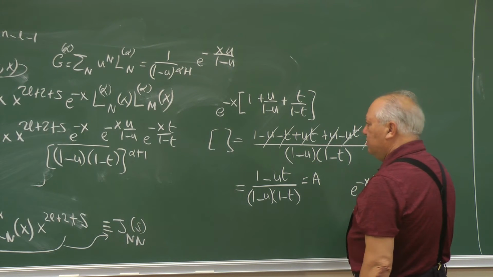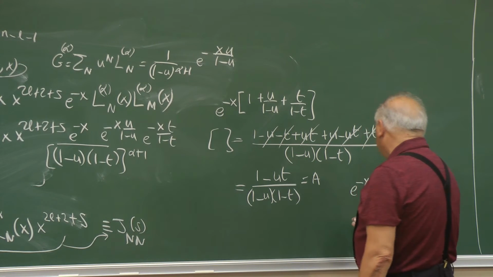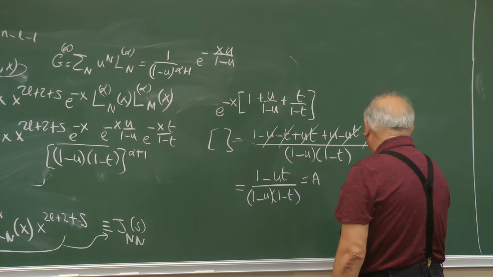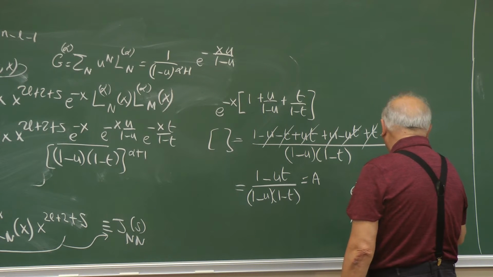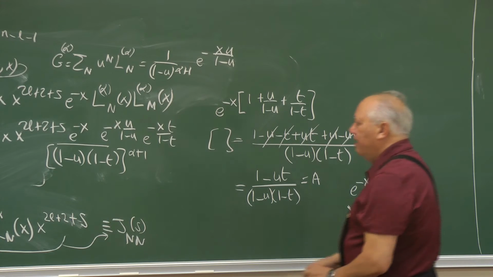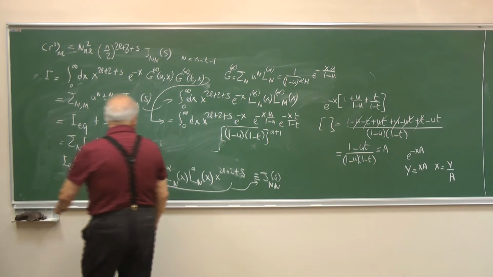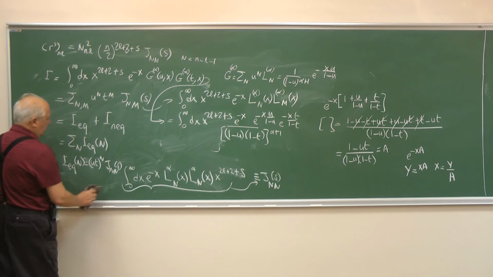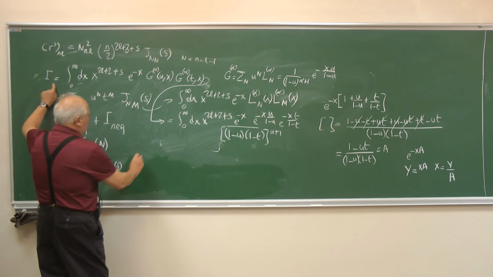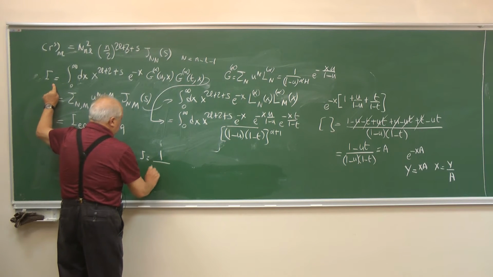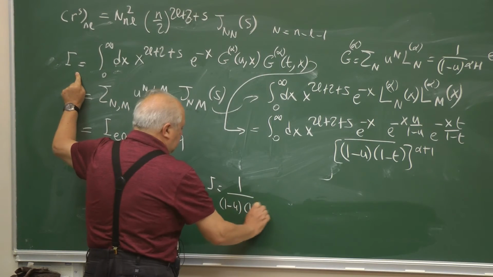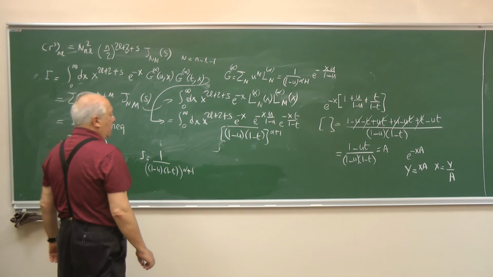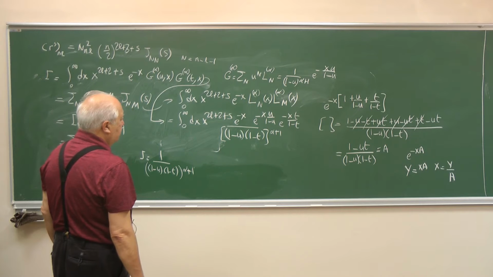Clearly, it is best to change the variable again. Y is equal to xa, therefore x is equal to y over a. I can erase this part. So this I will be equal to (1 minus u, 1 minus t) to the alpha plus 1, times 1 over a.